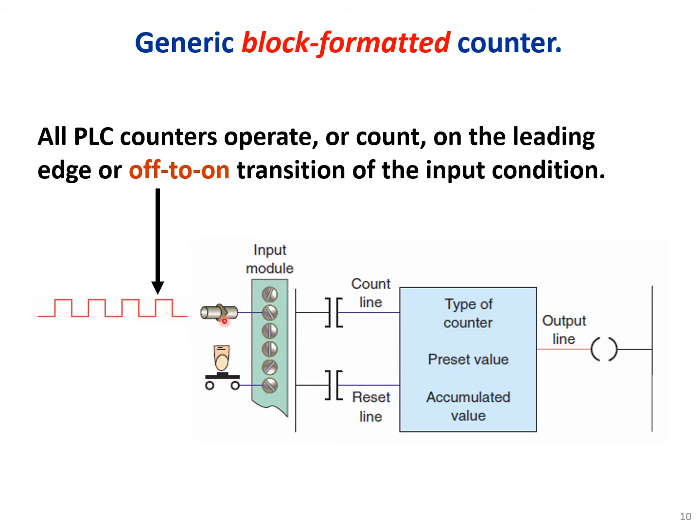So every time that the sensor goes from false to true, the counter will count up. Okay, and the accumulated value will increment up until it reaches the preset value. And we could reset the counter at any point by pushing the reset button or this push button.